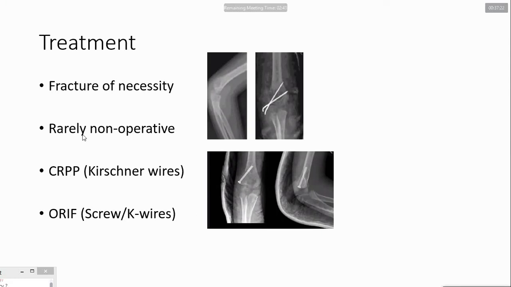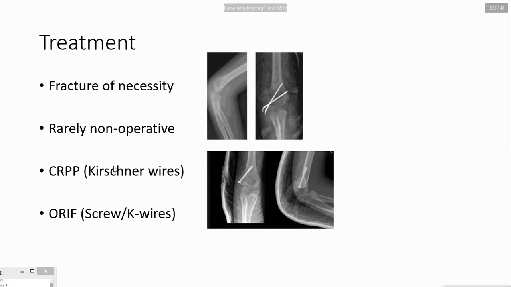So rarely there is a role for non-operative management in lateral condyle, because only if it is hardly displaced do you tend to immobilize in a plaster or do just in situ percutaneous fixation, but that is quite rare. Most of the lateral condyle fractures require surgical intervention.